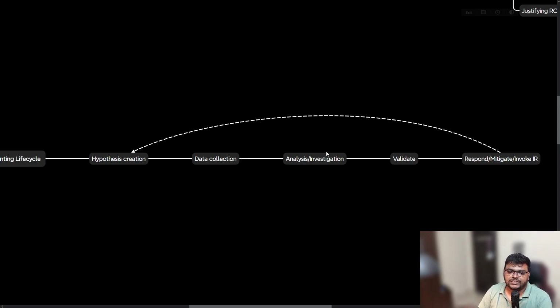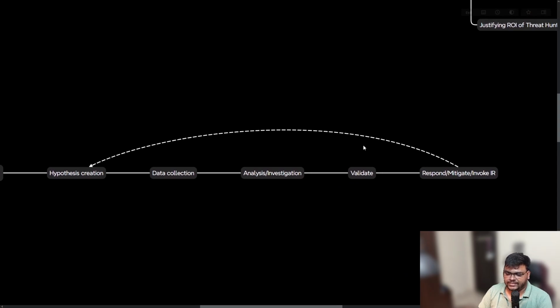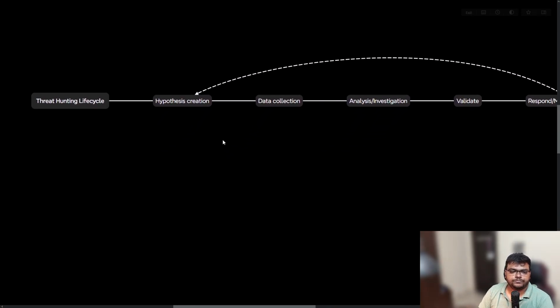If you see a malicious command being executed, then you validate whether that finding is absolutely malicious and whether your hypothesis is true or false, and based on that you move to a response, mitigate, or invoke IR phase, where you might have to invoke incident response since you have found an unknown threat or a threat that was not previously discovered, right? So this is the process that you will follow.